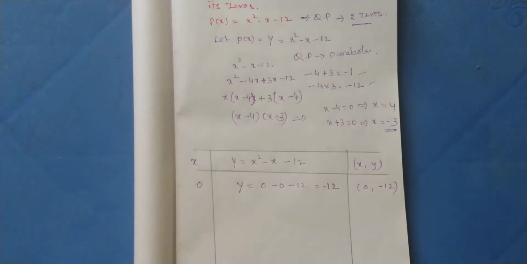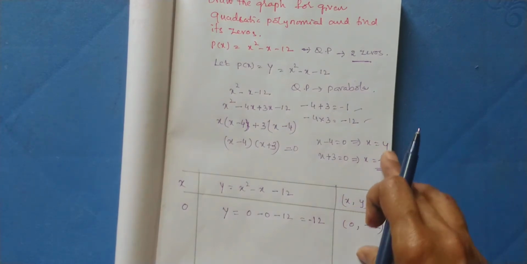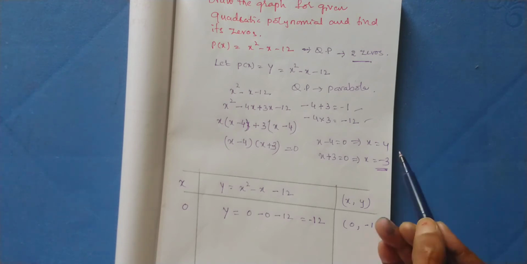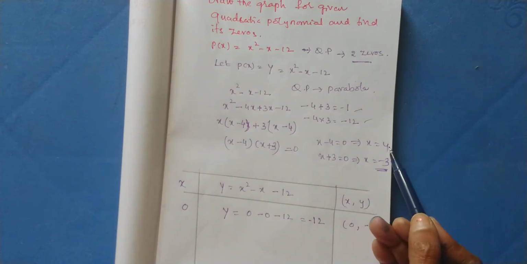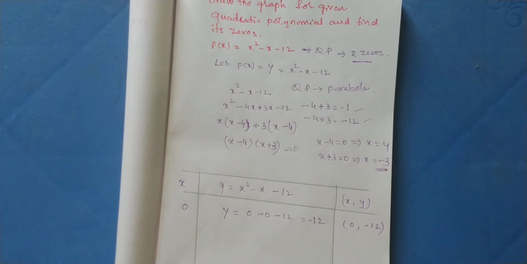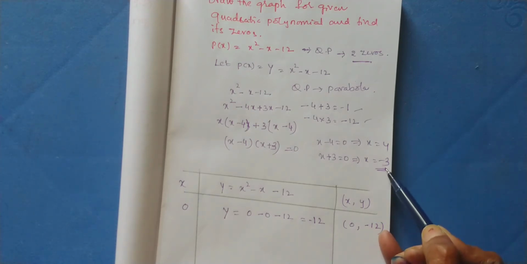Next, these two zeros. To get graph perfection, we need to take values in between the coordinates and above the coordinates. Generally we need to take a minimum of 5 to 6 x values to get perfection. Here the biggest positive number is 4 and the smallest is minus 3.